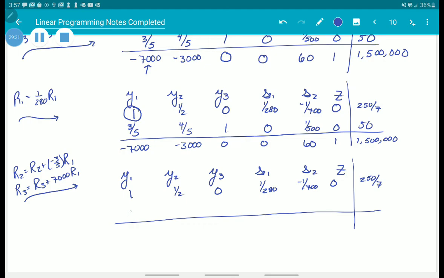So row 2 minus 3/5 R1. And then take row 3 and add 7,000 row 1.